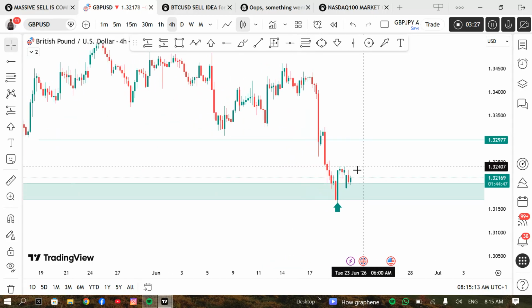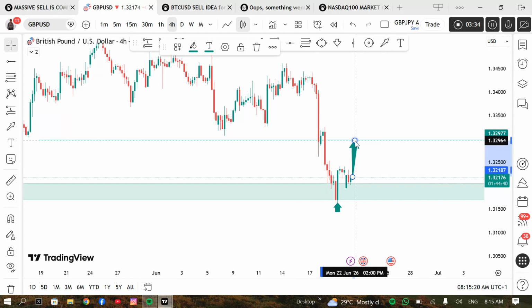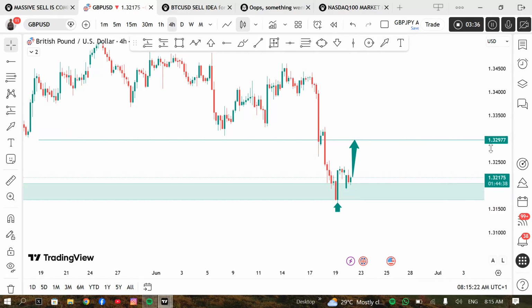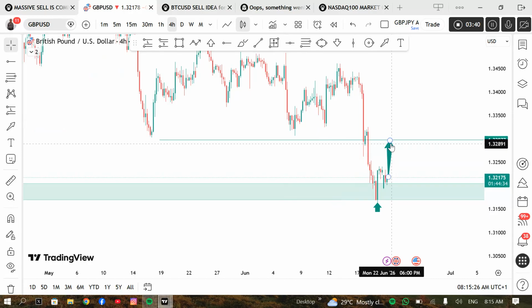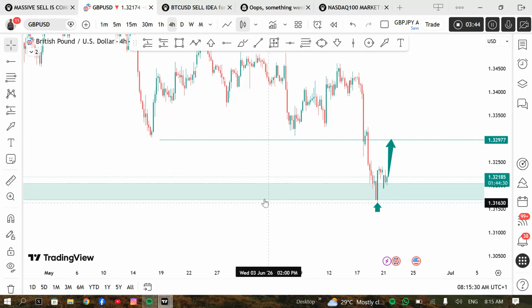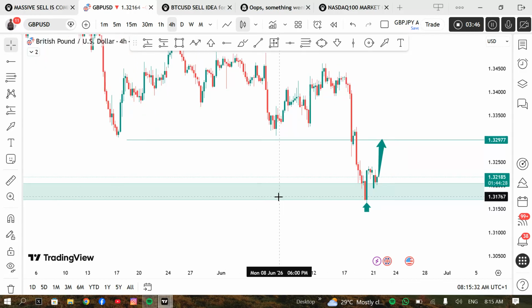So this is also a good sign that buyers are going to step in this market, and we're likely going to see price retrace back to the area of 1.32977. Okay, so this is what we envisage from the intraday time frame H4 in particular. So we are looking for a buy opportunity.